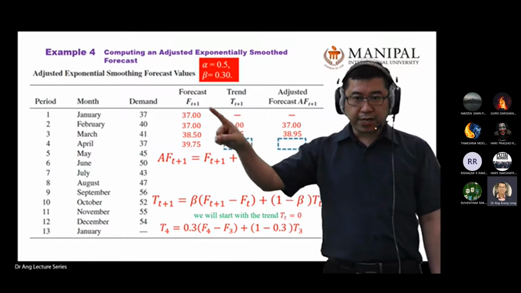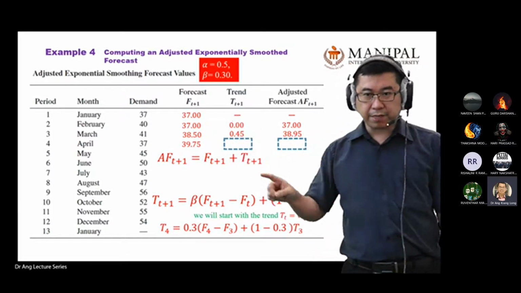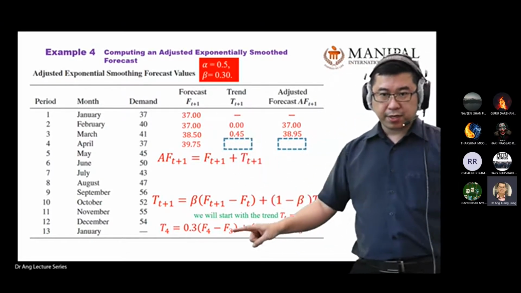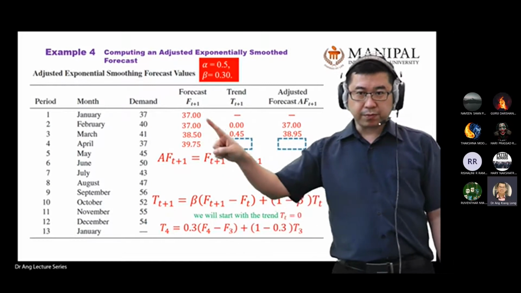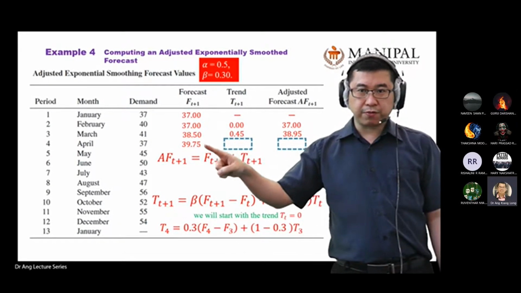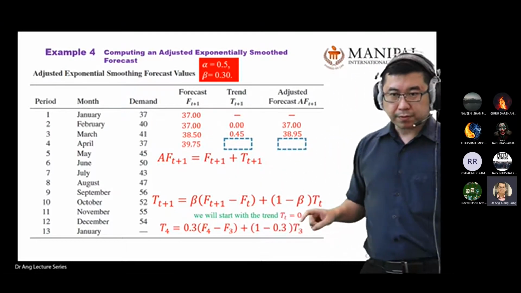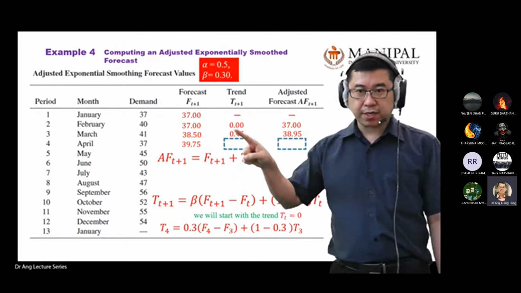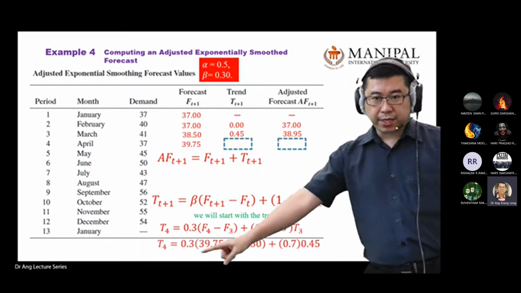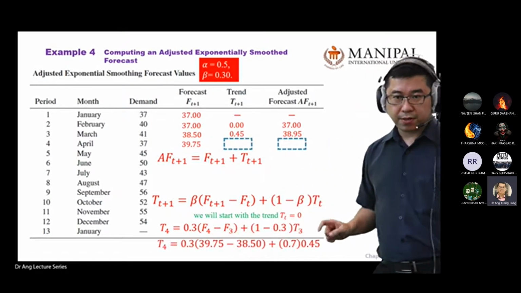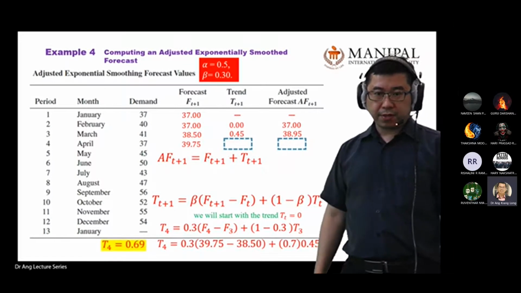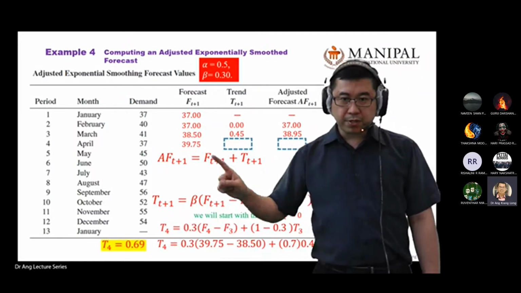Then go and find the information in the table that you calculated just now. F4, 1, 2, 3, 4. This is F4. F3, this one. T3, this one. Okay, you get your T4, 0.69 over here.